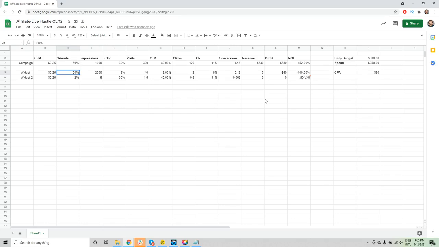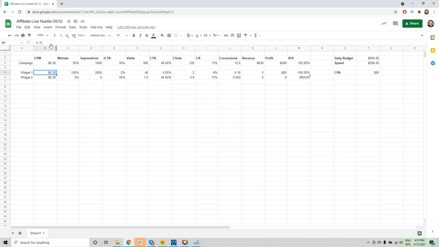So when they notice that widget 1 in this case is not performing well, they will stop spending on that specific widget, which means that the average bid on this widget will go down, which also means that with our 25-cent CPM bid, we might get more traffic now because all the other media buyers turned it off. But the fact that we have a 100% win rate should already ring a bell in our head saying, something is going wrong here. I can get this traffic cheaper, all right?